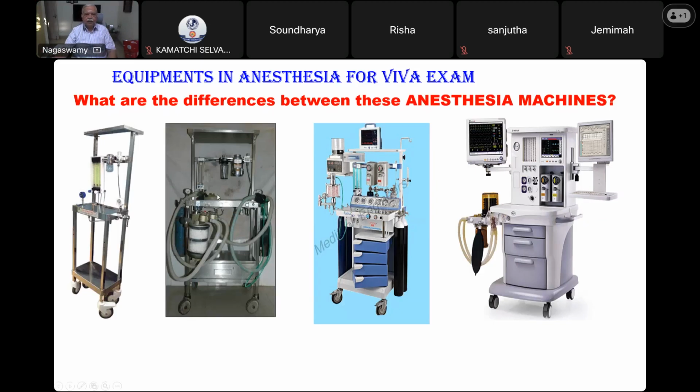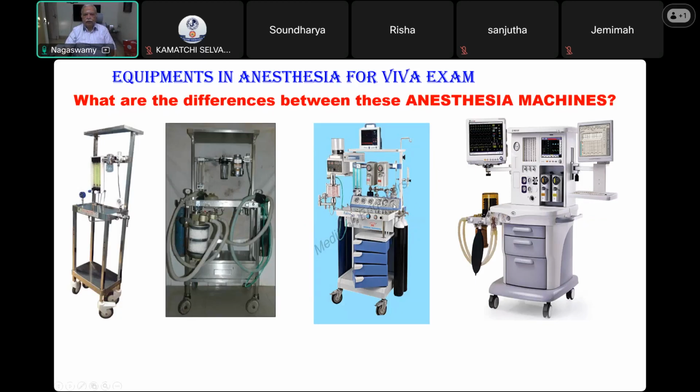Here we used to do controlled ventilation manually, by squeezing the bag by the anesthesiologist. But later on, to remove the burden of physical strain of manually ventilating the patient, they incorporated anesthesia ventilators, which are very useful.